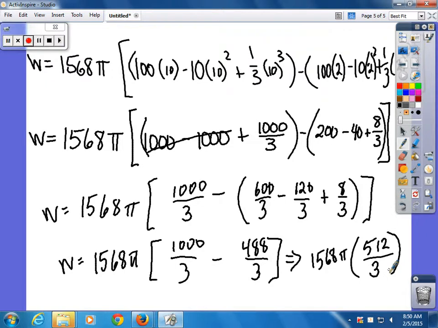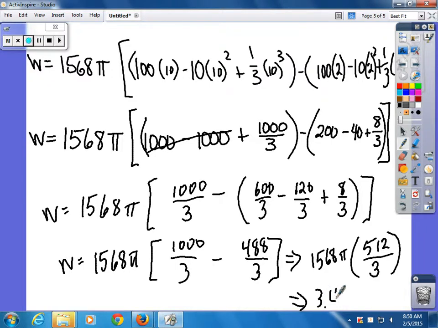What does it come out to be? And it's metric, so it's going to come out probably in joules. I cranked it out. I got 3.4 times 10 to the 6th. Y'all check me.